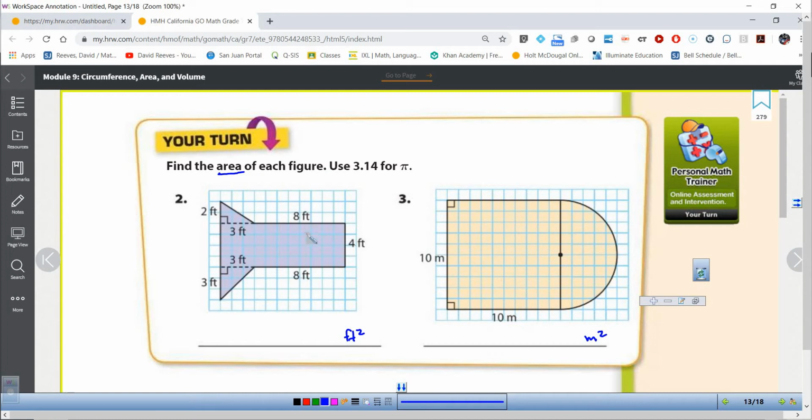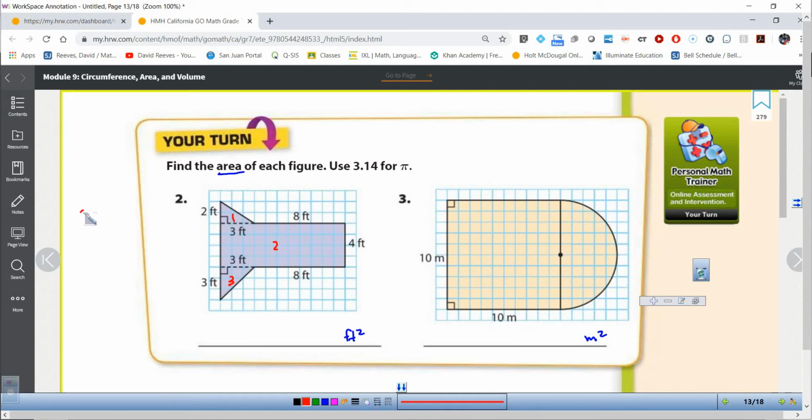Now, these are called composite figures. Composite means you're putting different things together. It's made up of different parts. So what we have to do is, instead of finding all the area at once, we're going to find the area of different parts. So if you take a look here, this figure, I'm going to put a 1 here, I'm going to put a 2 here, and I'm going to put a 3 here. So 1 and 3 are triangles, and 2 is a rectangle.